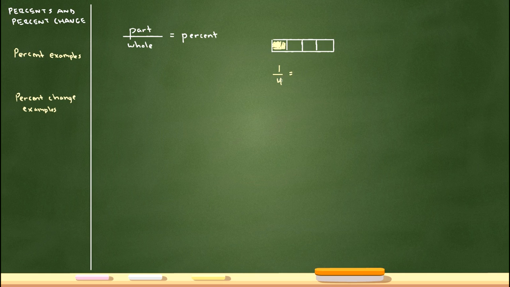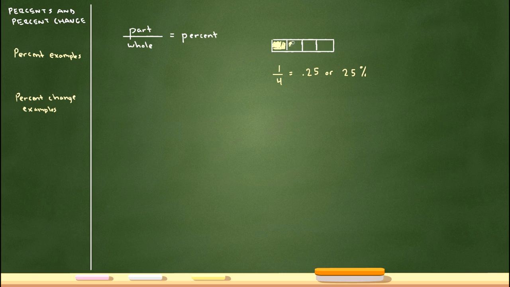So we see that 1 over 4 is 0.25, or if you multiply the decimals by 100, you're going to obtain the percentage. In this case, if we shade in 1 block out of 4, the percent shaded is 25%.